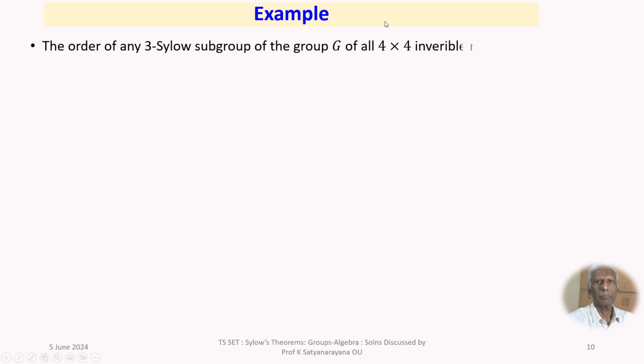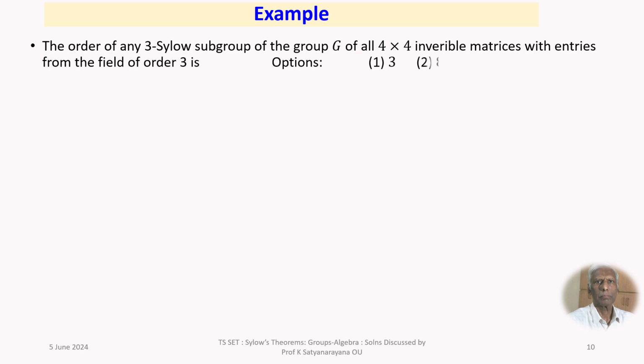Let's now move to the next question. This is another example which I am adding, and this also has the potential that it can occur in the state level entrance test. Not CSIR NET, but it can appear in a state level test.